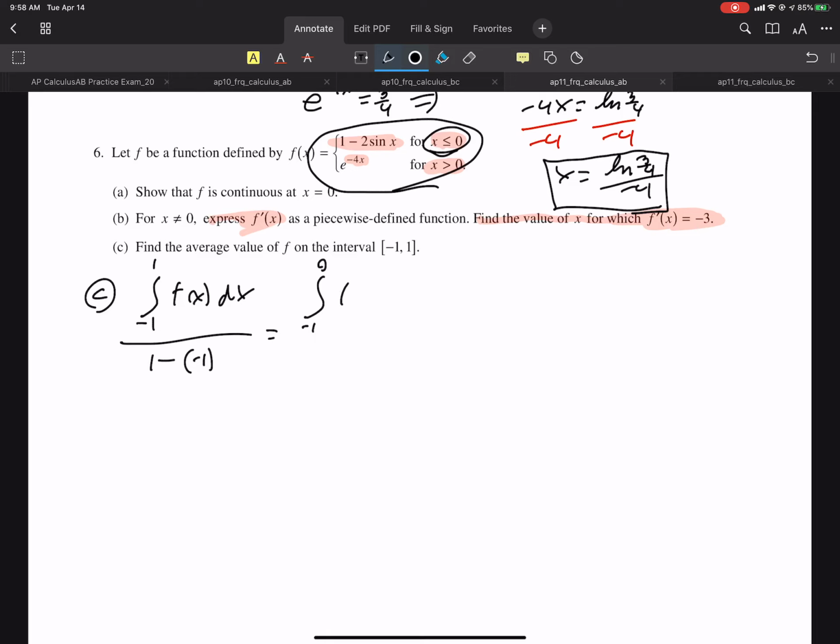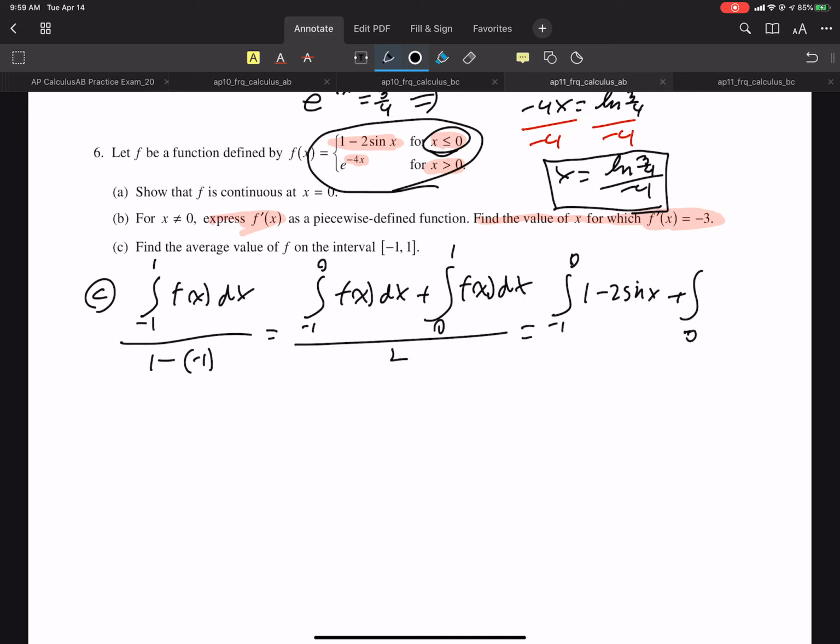The left half and the right half. The left half is going to be 1 minus 2 sine x. And the right half is going to be e to the negative 4x.